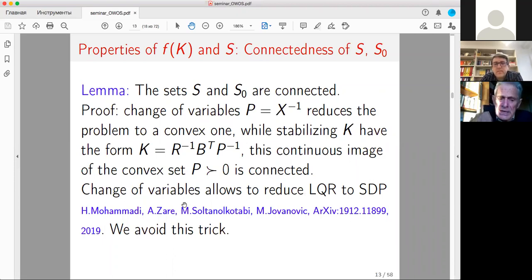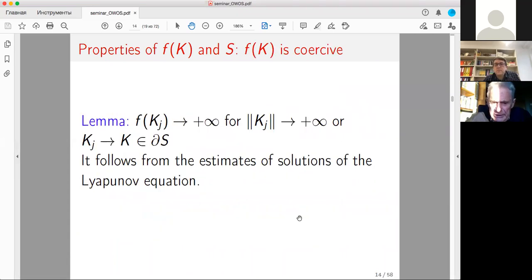So there is such a trick as change of variables, which allows us to rewrite our optimization problem in new variables as a semi-definite program, that is, a convex optimization problem. It is done, for instance, in this paper, but it is impossible to do for other problems of this sort, and so we avoid this trick and deal with original variables.